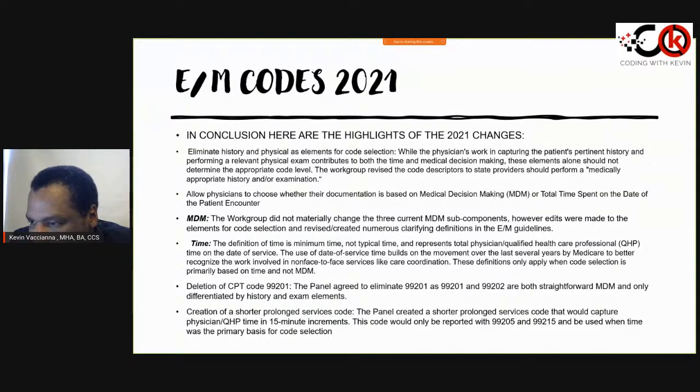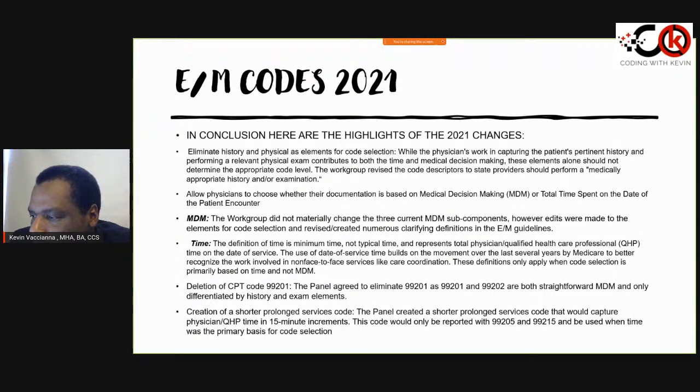Deletion of CPT code 99201. The panel agreed to eliminate 99201, as 99201 and 99202 are both straightforward MDM and only differentiated by history and exam elements. Creation of a shorter prolonged service code. The panel created a shorter prolonged service code that would capture physician QHP time in 15-minute increments.